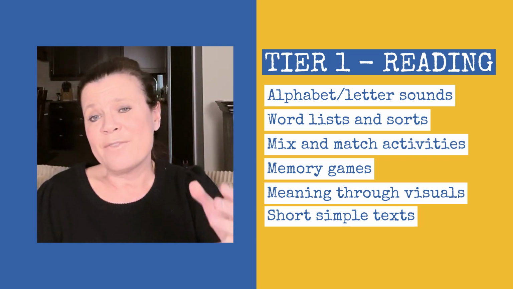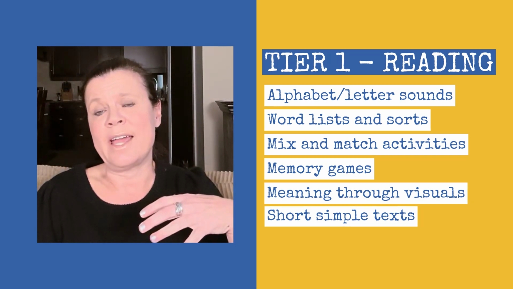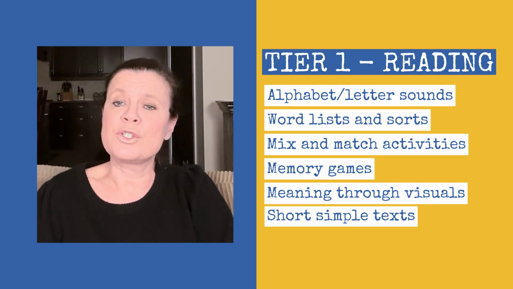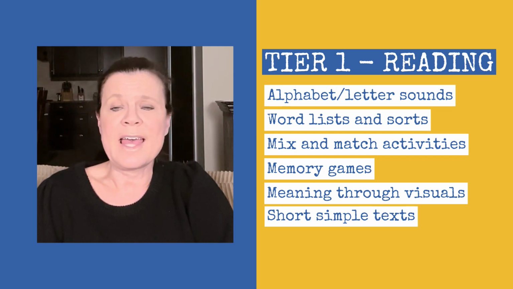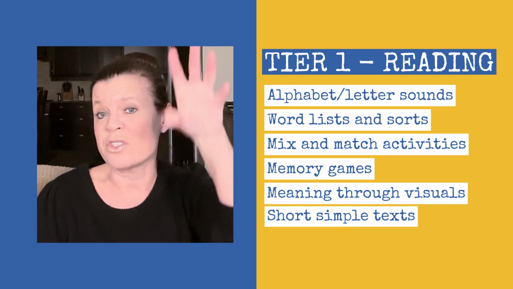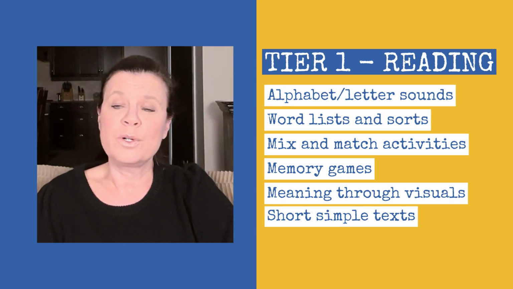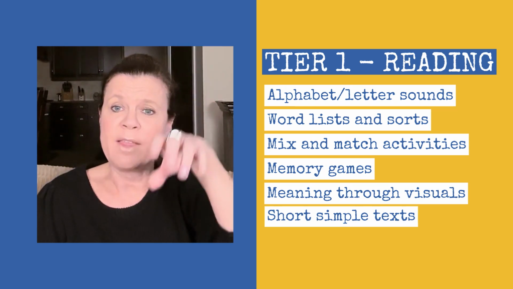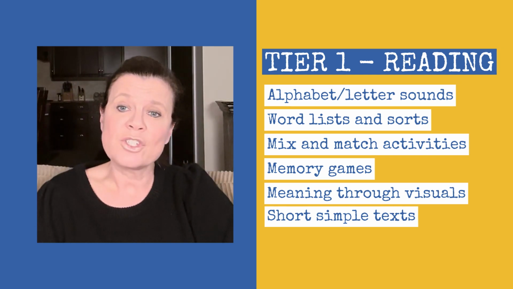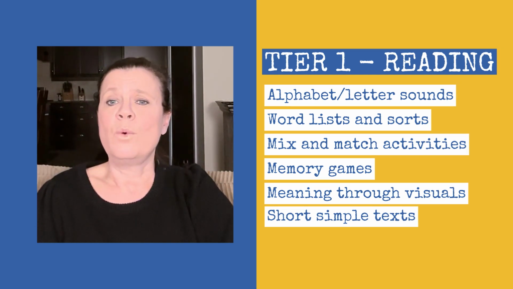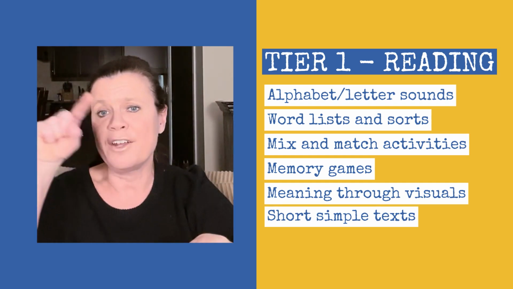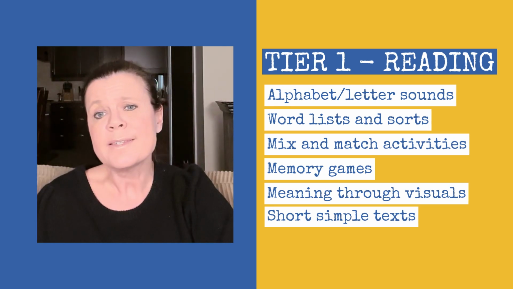The next thing, after they've got the alphabet and sounds down, is to provide them with word lists and word sorts. So it could be that you get the students to put all the words related to animals into one column, all the words related to food into another column. You can also have them doing mix and match type activities, where you've got your pictures in one column and the words in the other column, and they've got to figure out what goes with what.